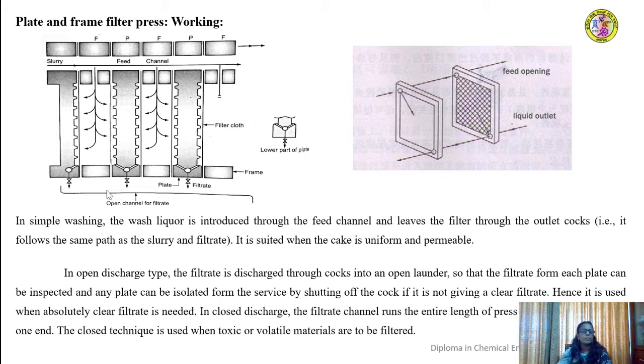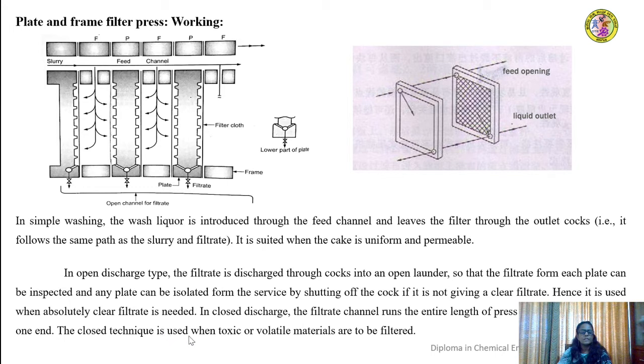So we can have an open channel into which the filtrate flows from the discharge cocks of each plate, and in this open channel you can observe the nature of the filtrate that is coming out. If you can make out that the filtrate coming out from any cock is not clear, then it is understood that the filter cloth has worn out. Then you can dismantle and take out that filter cloth. So the open discharge type is advantageous compared to a closed discharge conduit.